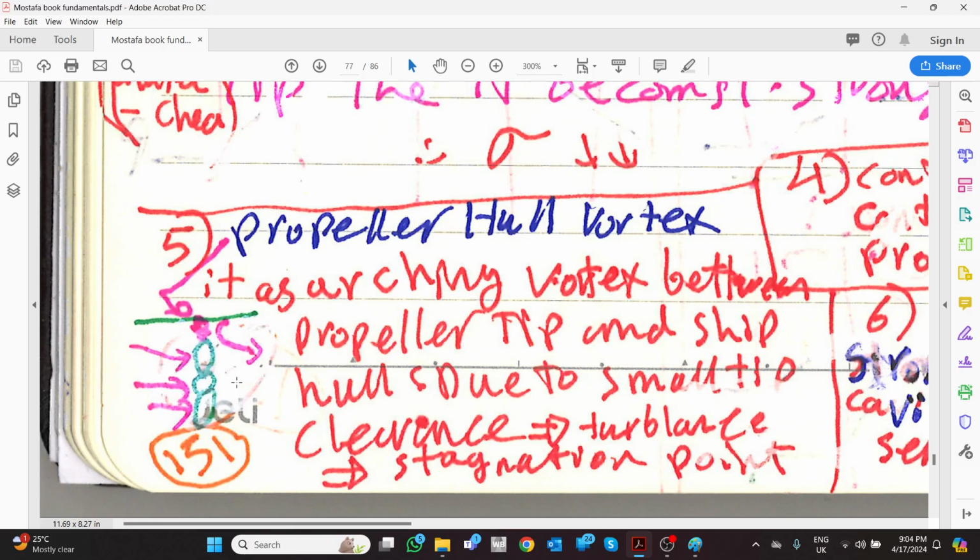Now the propeller hull vortex cavitation. Imagine you have a propeller or blades rotating and there is a casing here. Of course you cannot keep the propeller touching the casing, there is some clearance. So when it moves, a vortex happens in this area, between the propeller tip and the ship hull or the casing itself, due to small tip clearance, because of the turbulence and the stagnation at this point.